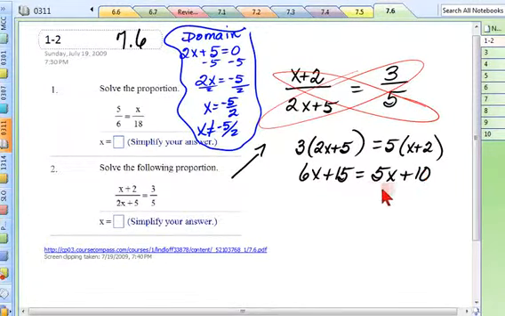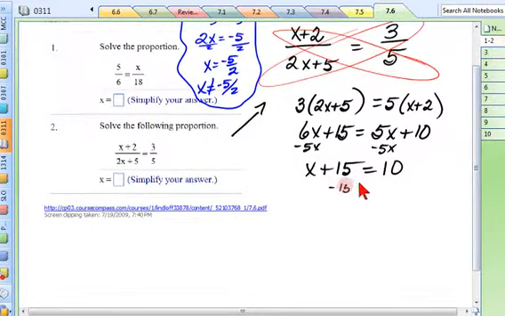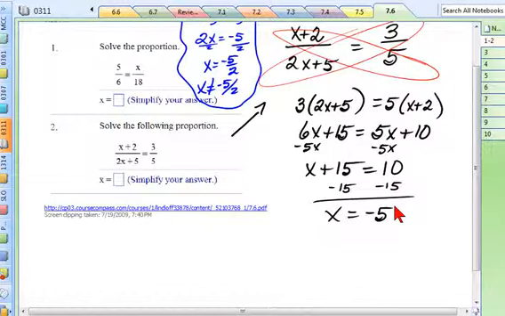To solve that equation, I choose to subtract 5x from both sides, and I get x plus 15 is 10. Subtract 15, and I get x is negative 5. And is that a problem as far as domain is concerned?